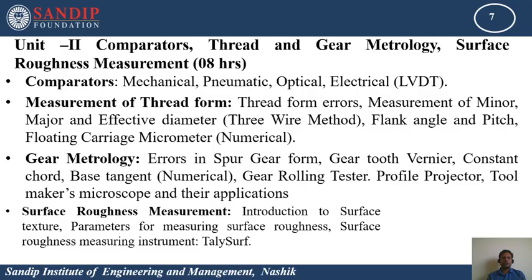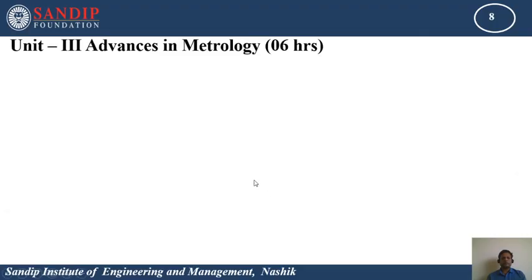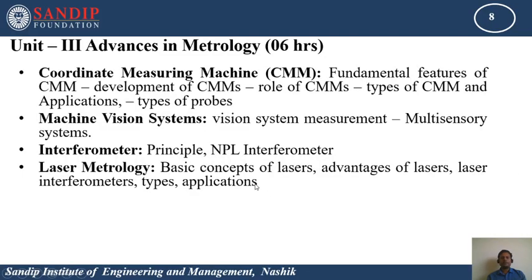We have to understand the working principle of comparators, then measurement of thread form, then gear metrology and surface roughness measurement process. Now unit number 3 is advances in metrologies. So this unit is again divided into major 4 parts: coordinate measure machine, that is CMM machine, then machine vision systems, interferometer and laser metrology.